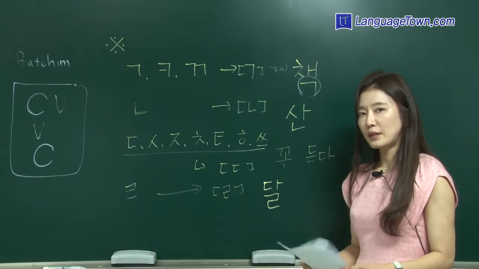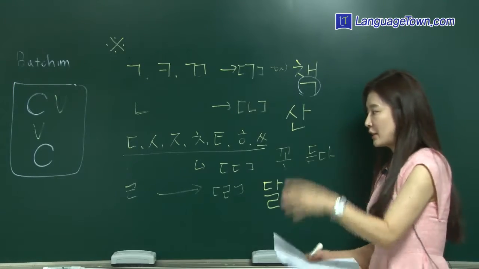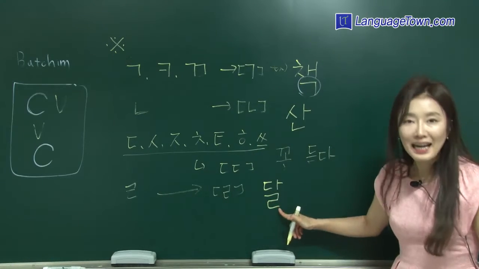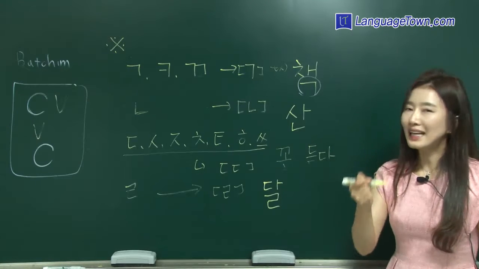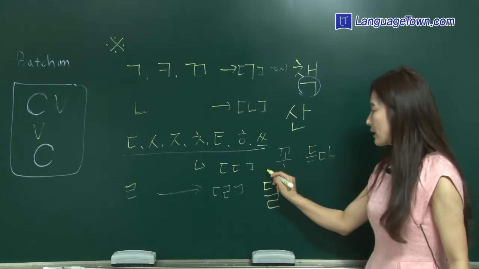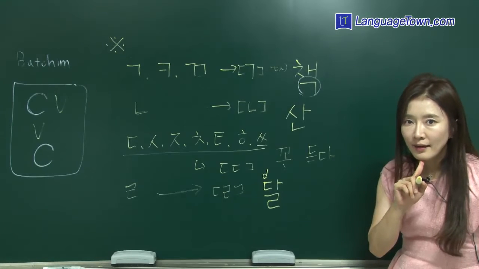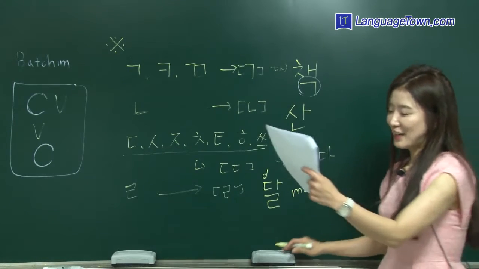I told you several times about this word. Yes, 달. So, right? Try 달. Not 딸, but 달. Not 탈, but 달. It's more like a 드 sound. 달. Yes. What is this? Moon is 달, right?